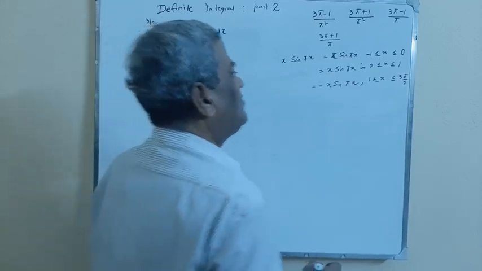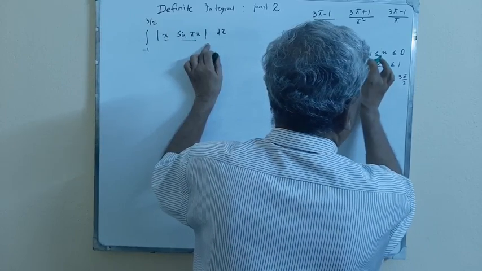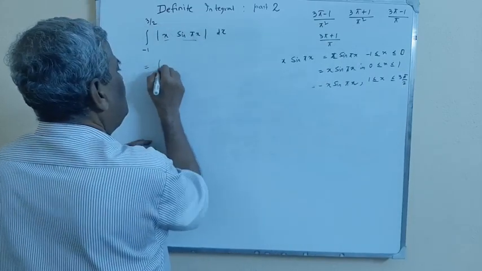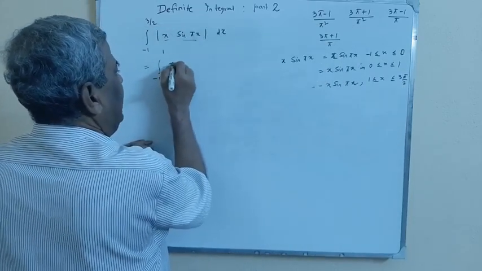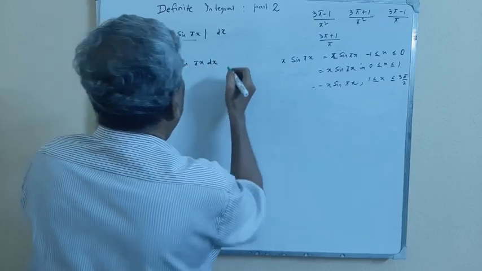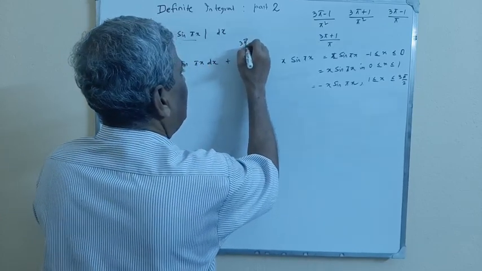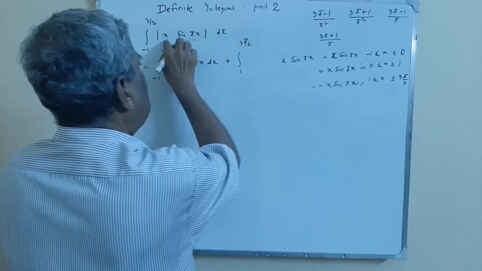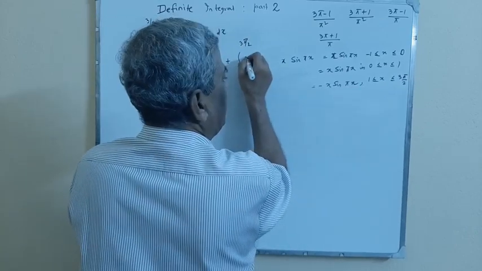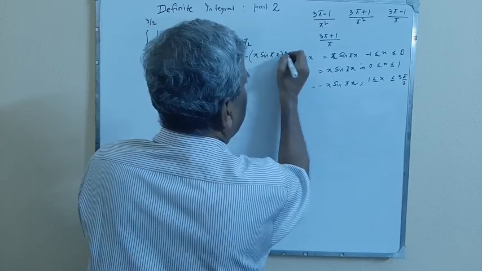So we get the integral from -1 to 1 of x sine of pi x dx, plus the integral from 1 to 3 pi by 2 of minus x sine pi x dx.